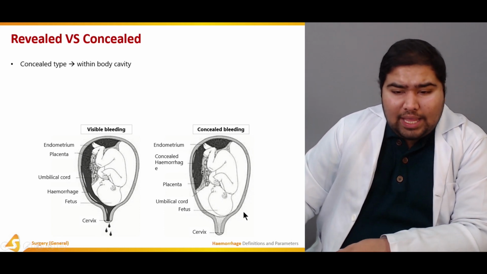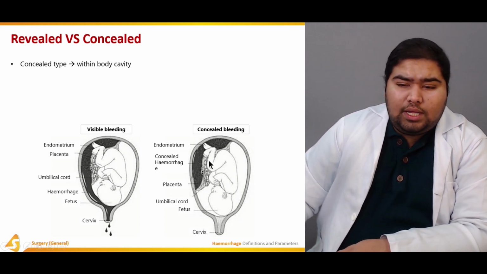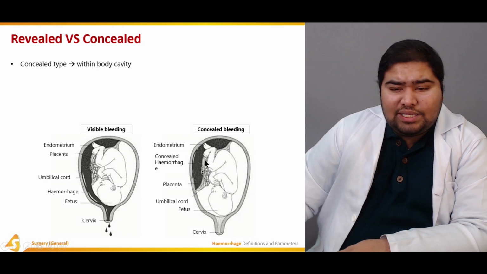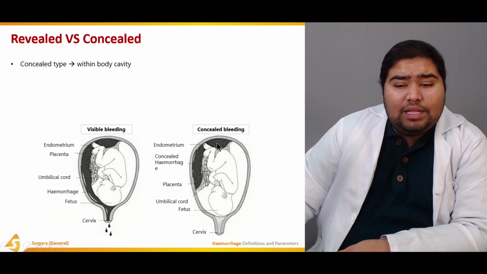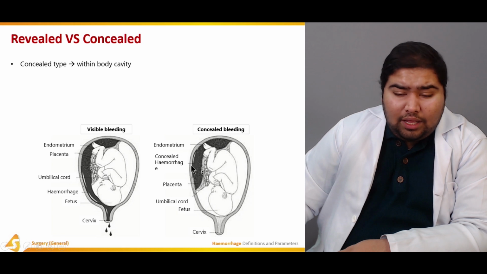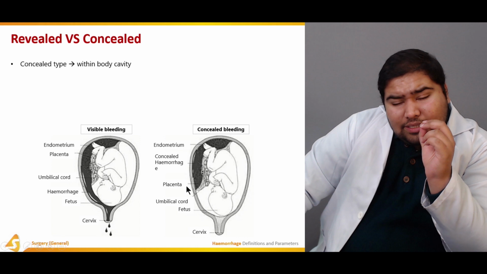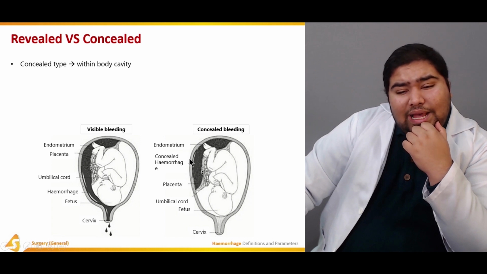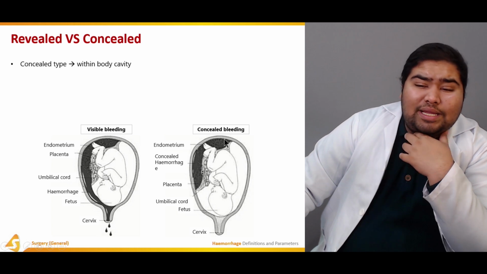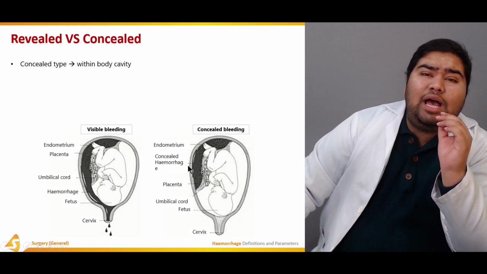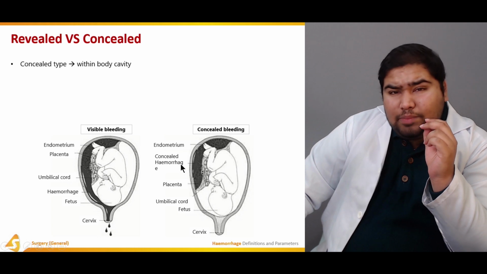Here you can see again the same picture: a uterus and a fetus. This is the placenta. However, this dark colored area is the area of bleeding. A hemorrhage has occurred in between the placenta and the layers of the uterus. However, this bleeding is being contained in that area, and you cannot see it.